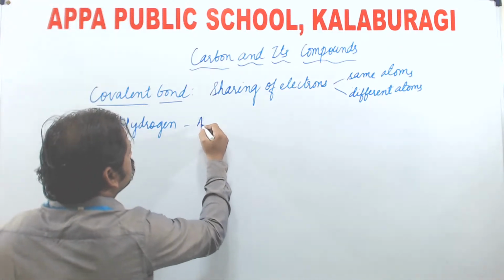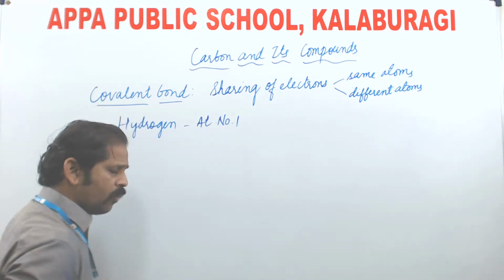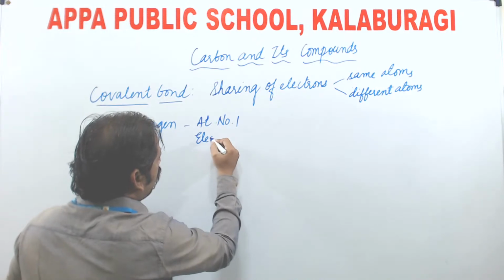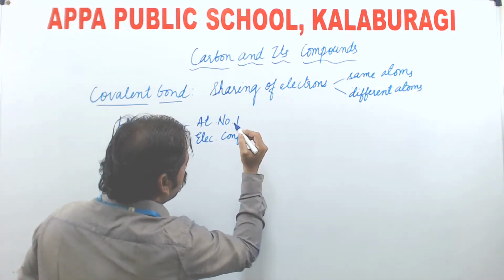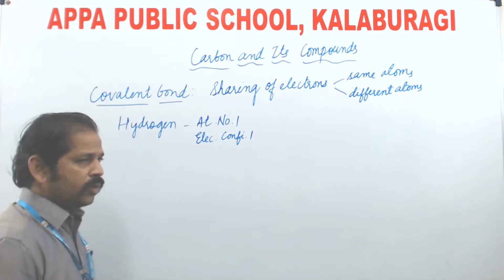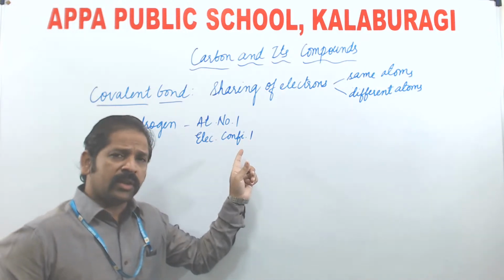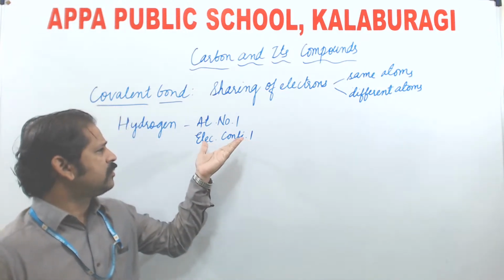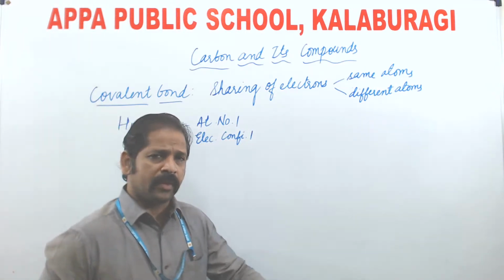Hydrogen, its atomic number is 1 and its electronic configuration is 1. Hydrogen is having one electron in the outermost orbit. Electronic configuration is 1, atomic number is 1. Automatically, the electron will also be 1.